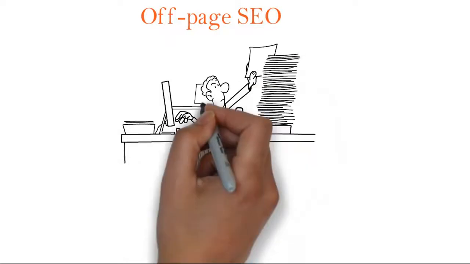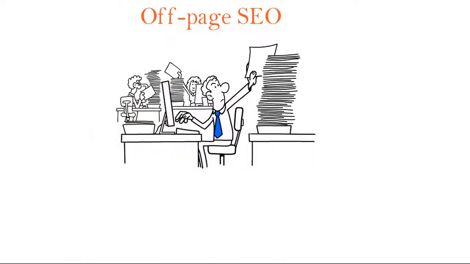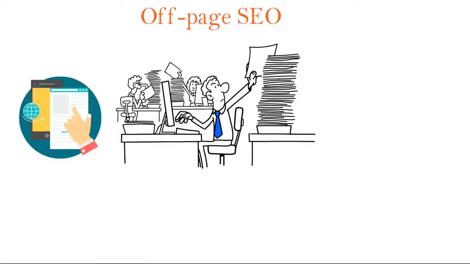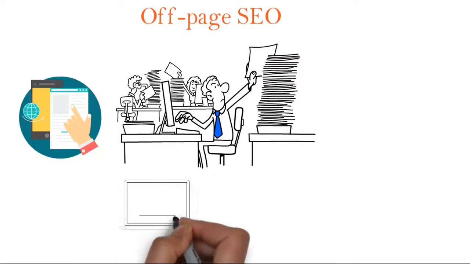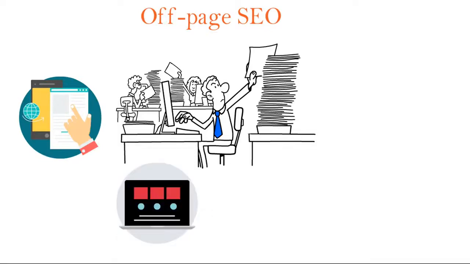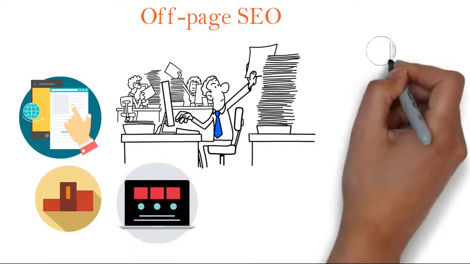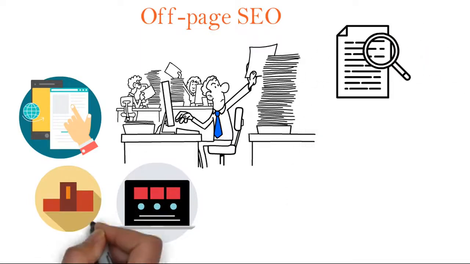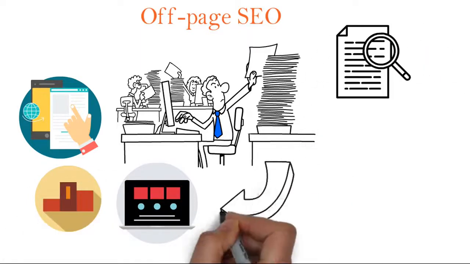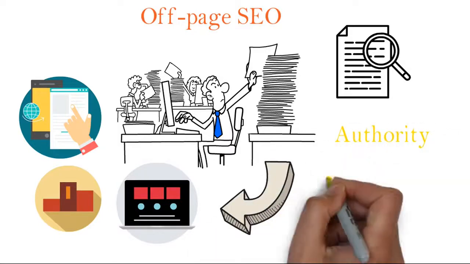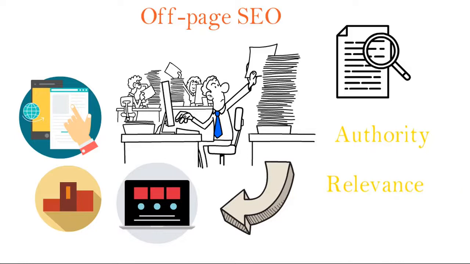Off-page SEO. In order for all that hard work on the site to be noticed, you need to work on activities that will draw attention to you. Off-page SEO is most concerned with links and techniques for creating them, and in a broad sense it includes everything we do off the site that affects its ranking. While search algorithms and ranking factors are constantly changing, what is constant is the reputation of the site, its authority and relevance.